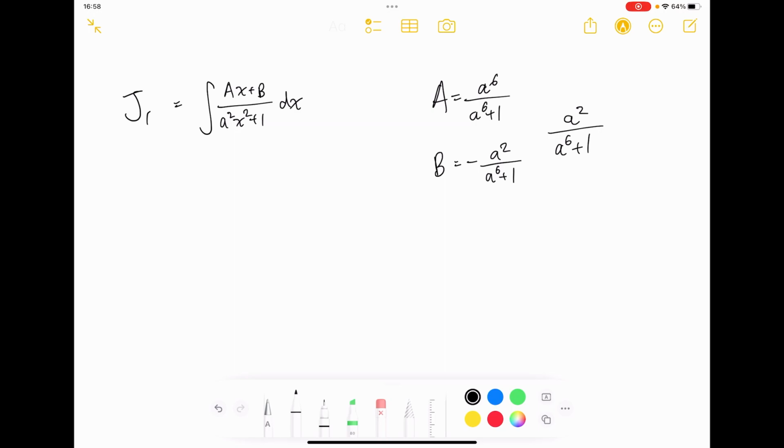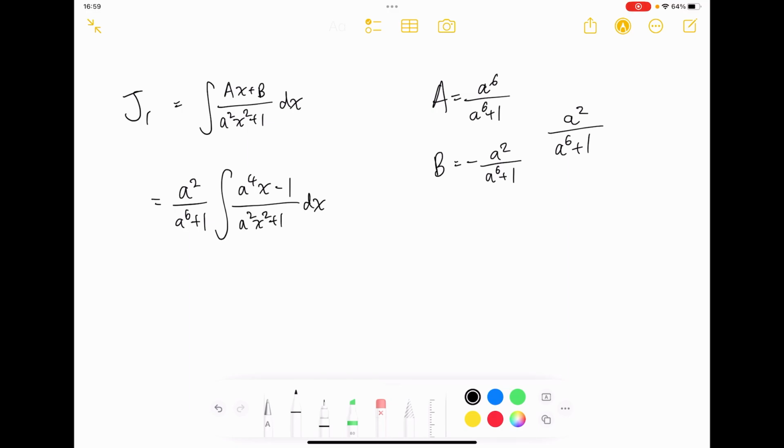Because they have a common factor, we can pull this out of the integral because that doesn't depend on x, does it? So I'm going to pull it out, and what's left in A is a to the 4th. What's left in B is -1. And the denominator stays the same.